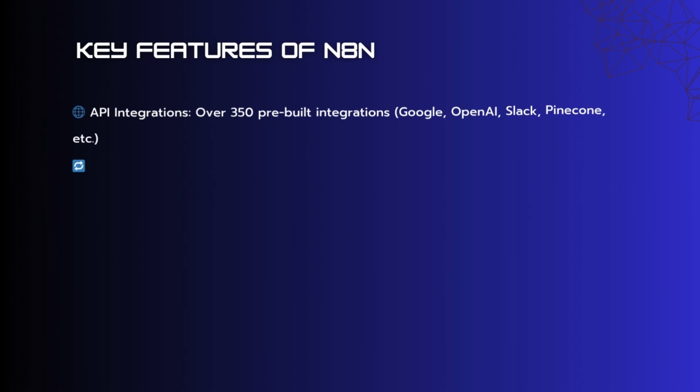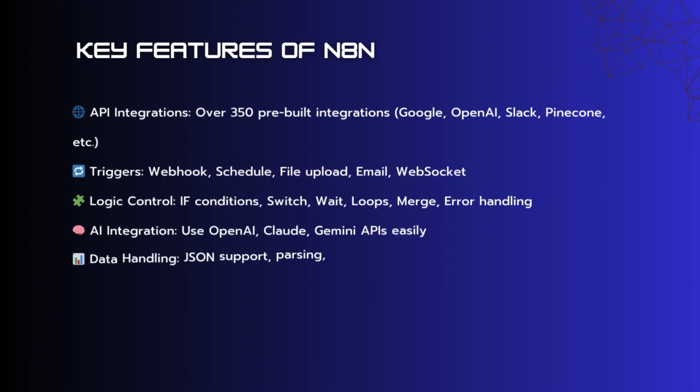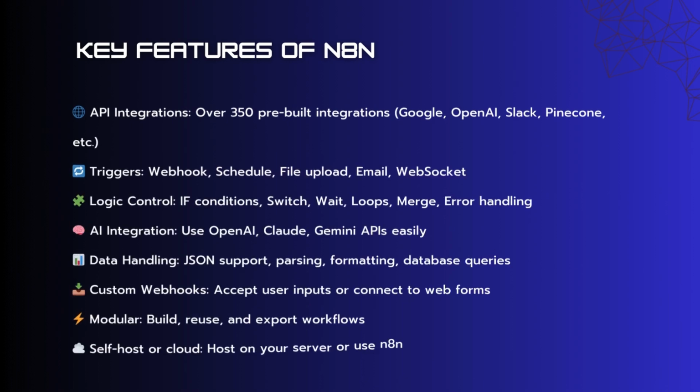So what are the key features of n8n? API integrations. It has pre-built API integrations like Google, OpenAI, Slack, Pinecone, etc. It also has triggers like webhooks, schedule, file upload, email, WebSocket. Logic can also control the function of the created agents using if conditions, switch, wait, loops, merge, and error handling.